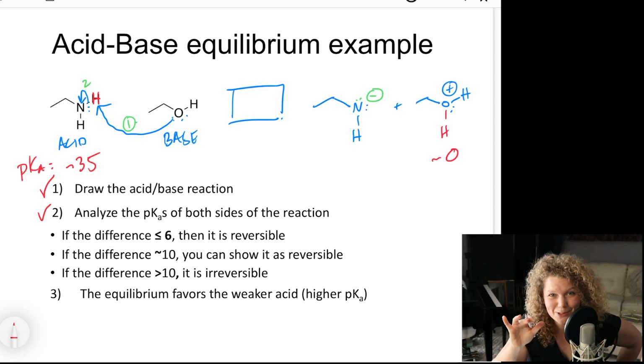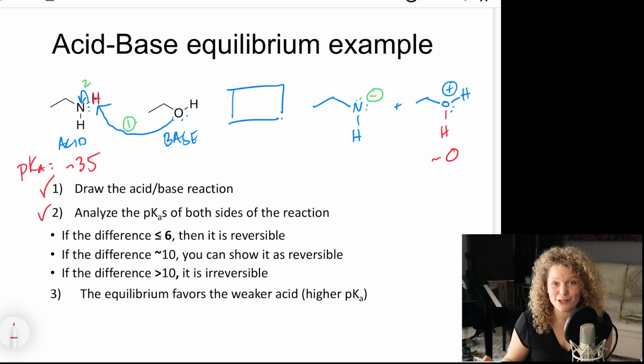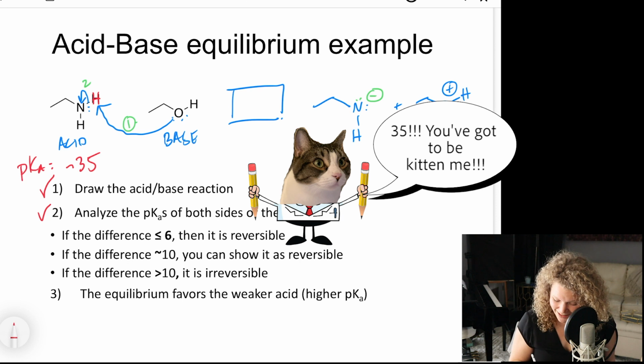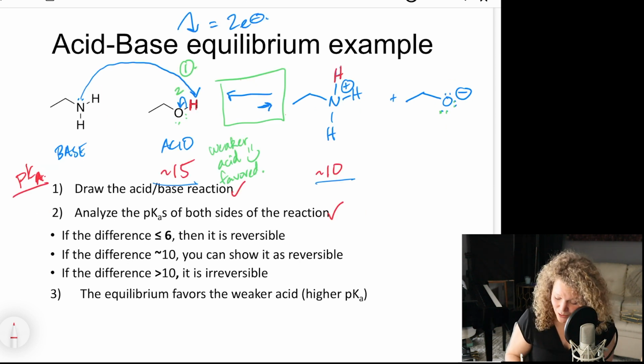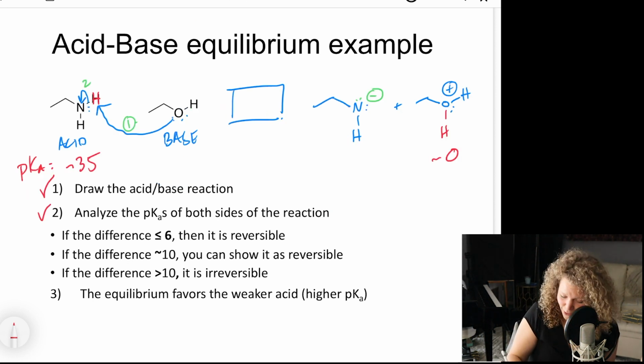Well, the difference between these two pKa's is 35. A difference of 35 pKa units. That's huge. So as I'm looking at this, the difference is greater than 10. That means it's irreversible. And we know the equilibrium favors the weaker acid, or the higher pKa. So in this case, our reaction doesn't even occur.